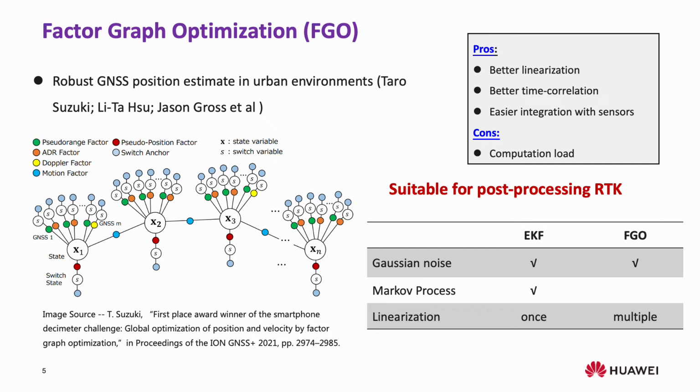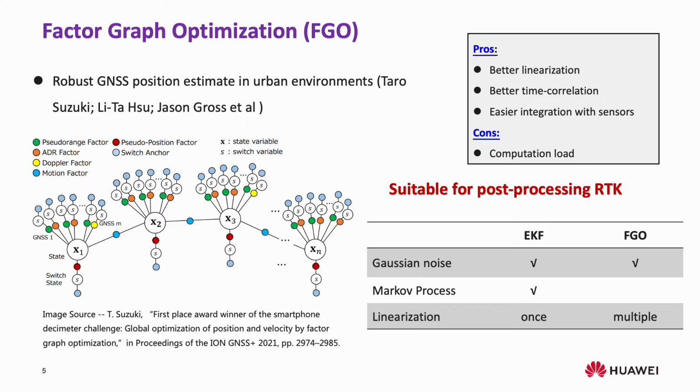The second point is that it has better time correlation because it doesn't follow the Markov process assumption. The third point is that the framework of factor graph optimization is much easier to be integrated with other sensors, such as LiDAR and cameras, no matter the size of their features.